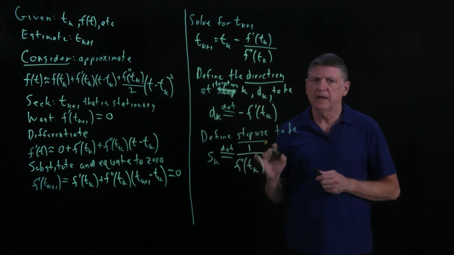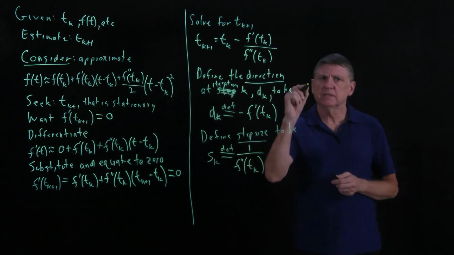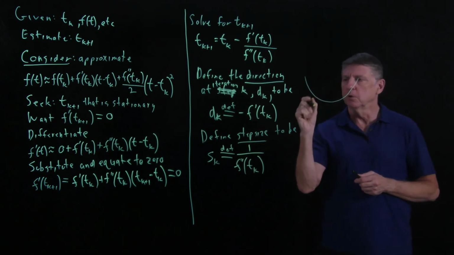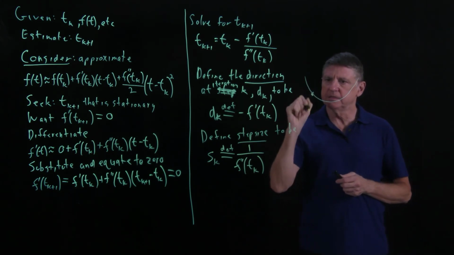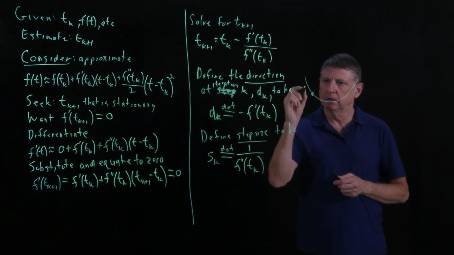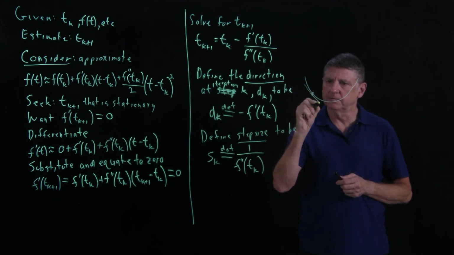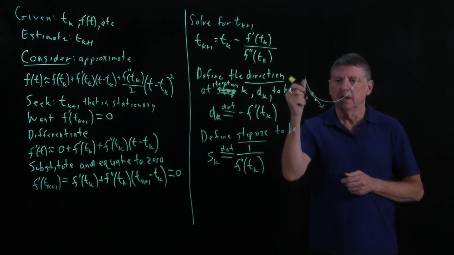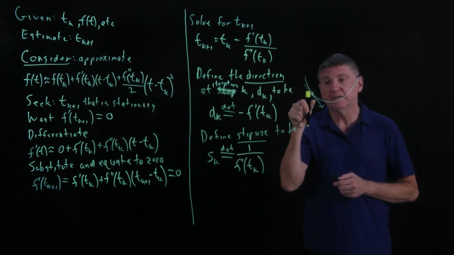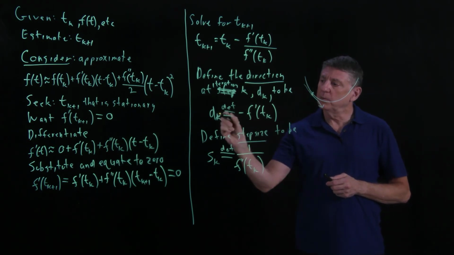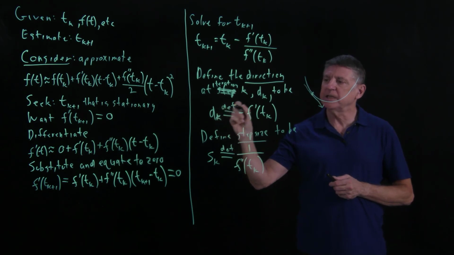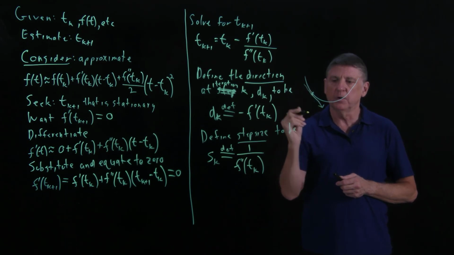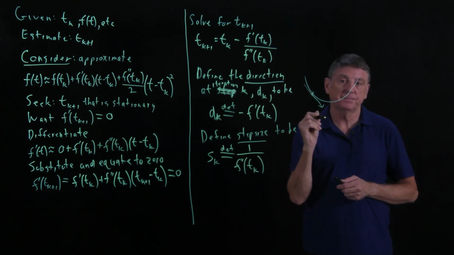Let's pause for a moment and think about the geometry. Let's suppose we have a function, and that function is locally convex, and this is our current estimate, and we take the derivative. If we take the derivative of this function, it's pointing downward, so it's a negative number. And when we say that the direction we're searching is the negative of the derivative, that means that for a downward pointing slope, we're searching in the positive direction.